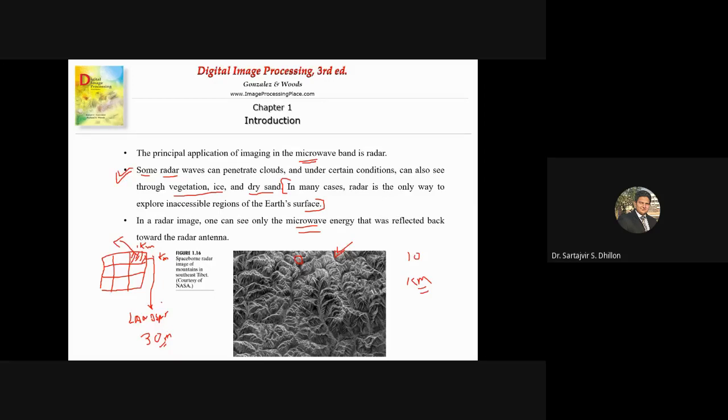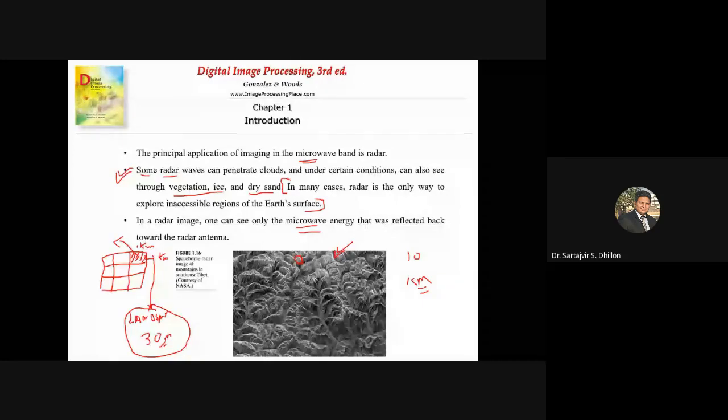But the optical data sets, which are available in the form of red, green, and blue, and which are acquired in sunlight, provide the information at a very high resolution. As you know, when you watch Google Earth images, they are very clear.